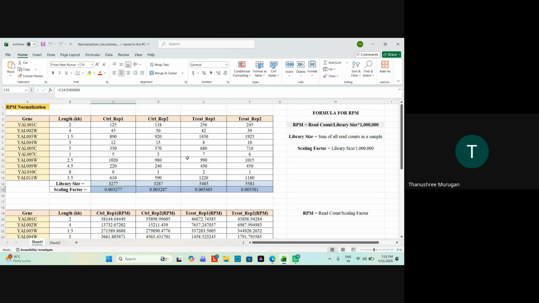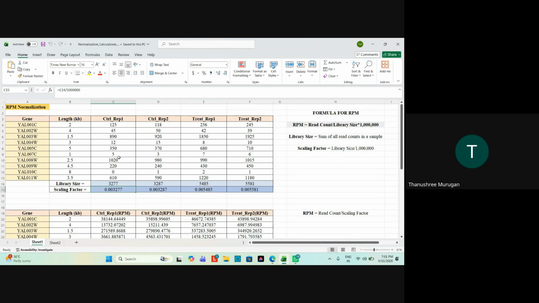First I'll explain RPM normalization. In the raw count matrix, we have read counts for 10 genes across 4 samples: control replicate 1, control replicate 2, untreated replicate 1, and treated replicate 2. For RPM calculation, I first calculated the library size for each sample by adding all the raw counts within that sample.